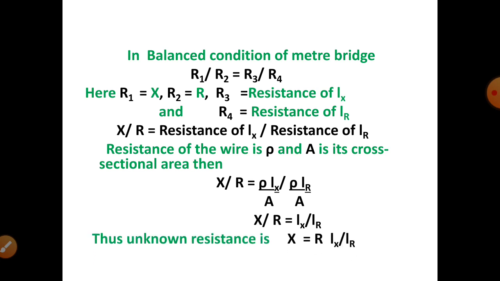So the unknown resistance X can be calculated from the formula X is equal to R Lx upon Lr. R is the known resistance connected in the right gap, and Lx and Lr are the lengths of the wire on the left and right side of the balance point D. D is called the null point or the zero deflection point on the resistance wire.